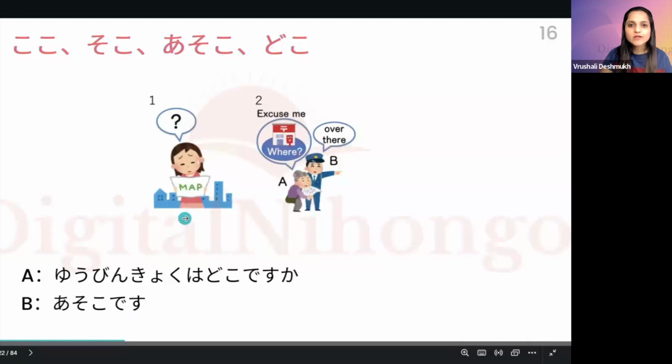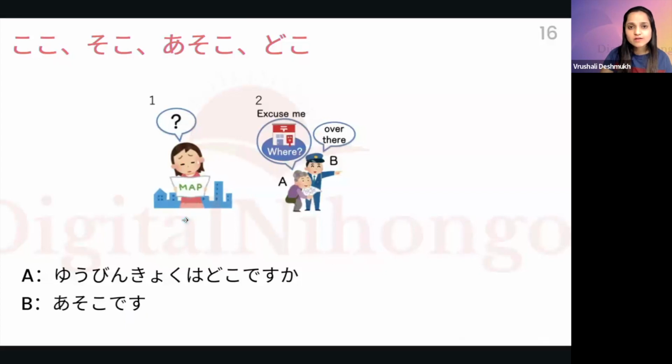For example, you are looking at the map but you are not able to understand where a particular place is. You are searching for a specific address. Then you can ask the name of that place. Say Kobe Byoin wa doko desu ka? Where is the Kobe Byoin? Kobe Hospital. So this phrase you can definitely use when you are asking about a particular place.